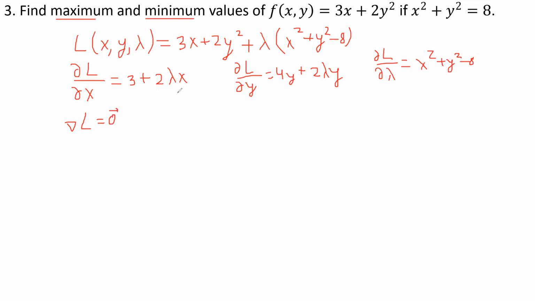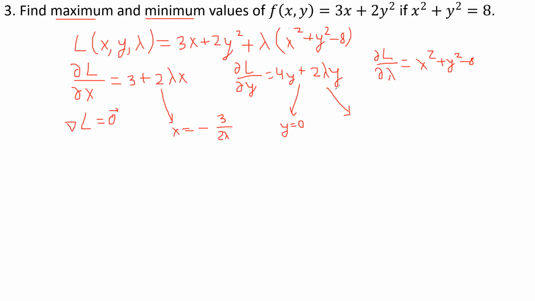We can easily find x from the first one. So x will be minus 3 over 2 lambda. In the partial derivative over y, we will have two solutions. One solution is y equals 0.